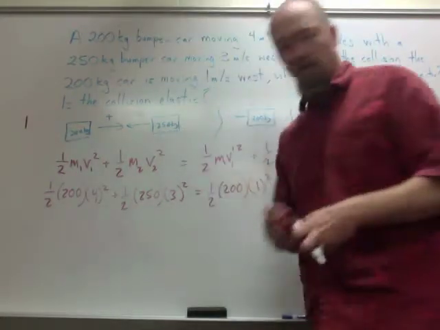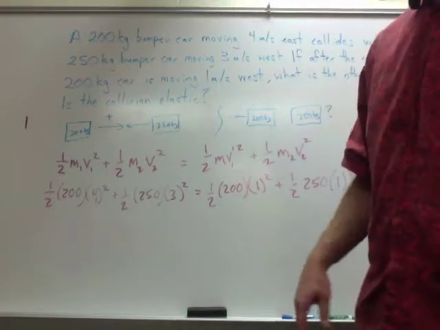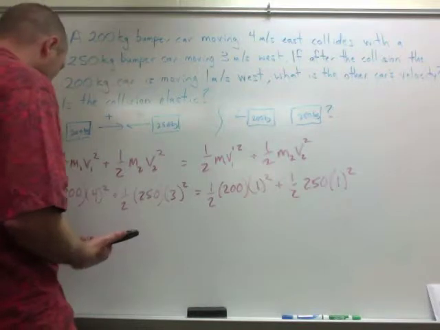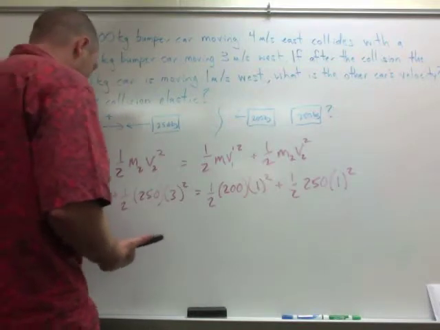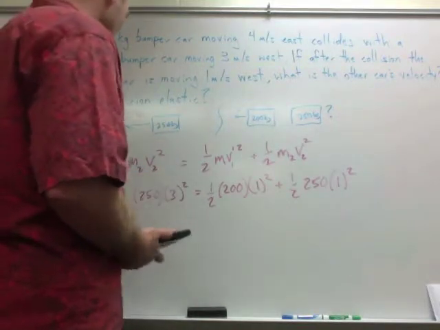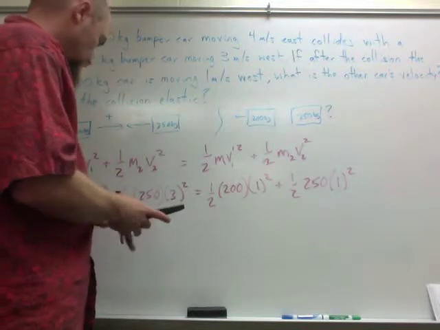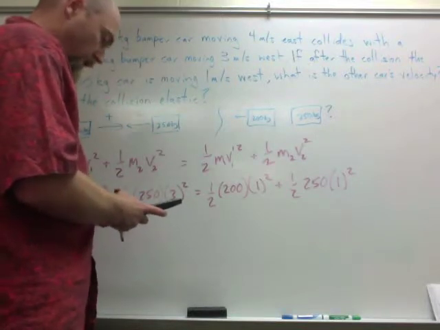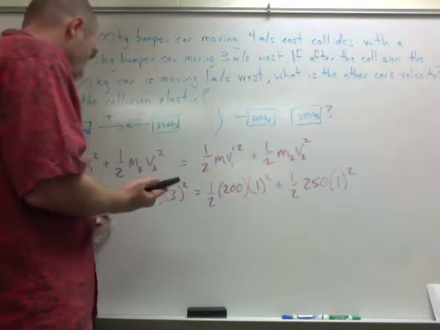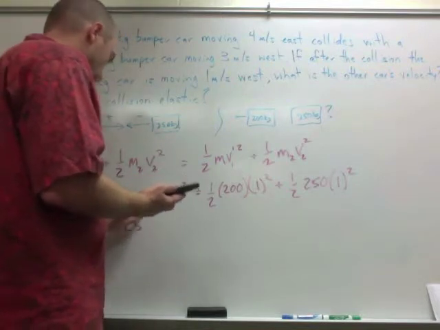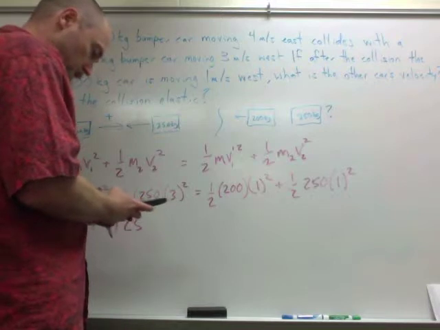If you do the math on this side, you get 16 times 100, so 1600. Then here I get 9 times 125, which is 1125.